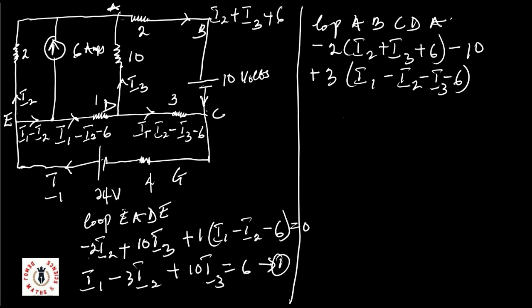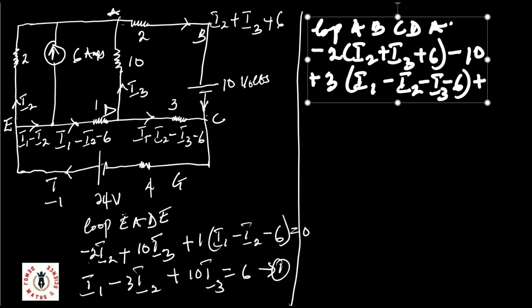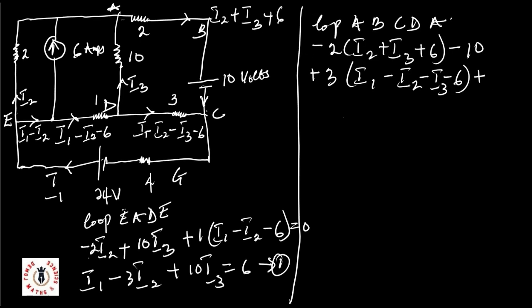And from D to A, we have a 10 ohm resistor. We're going along the current direction. That's minus 10 I3 equals 0. Let's expand this bracket.